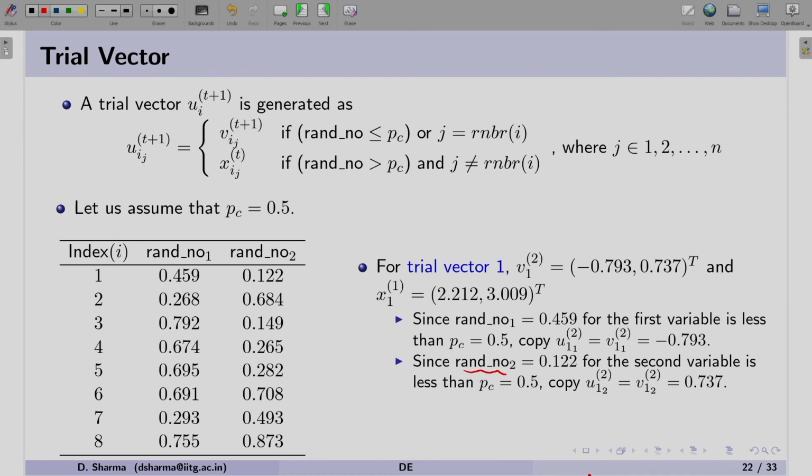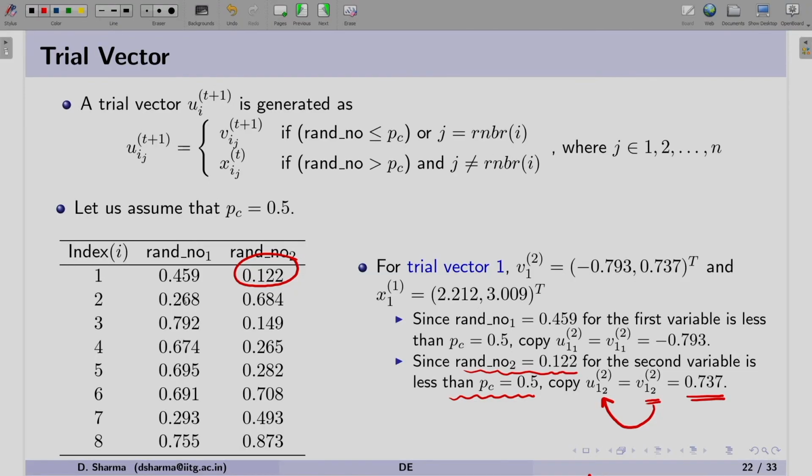The random number is now 0.122, and from the table you can see the same random number is taken here. Since this random number is smaller than the probability of crossover, PC, we take the second component of the mutant vector to the second component of the trial vector. So, this is 0.737. This is how we created trial vector 1.